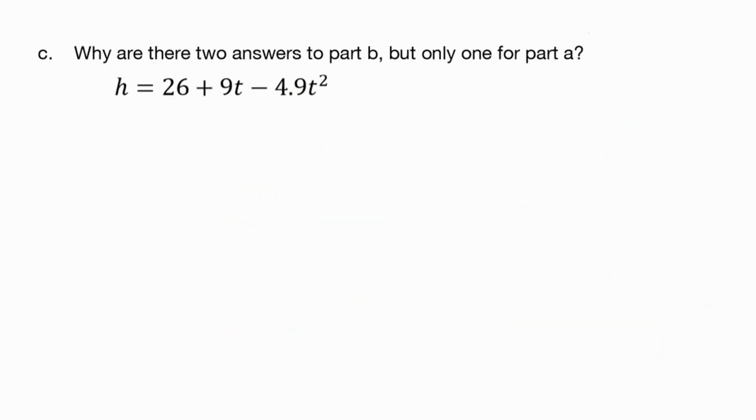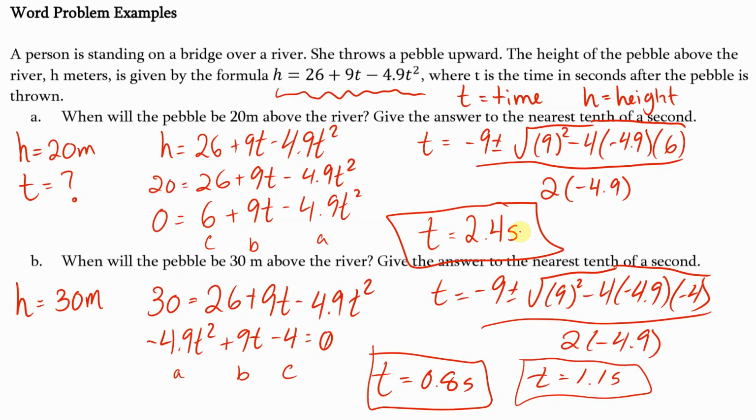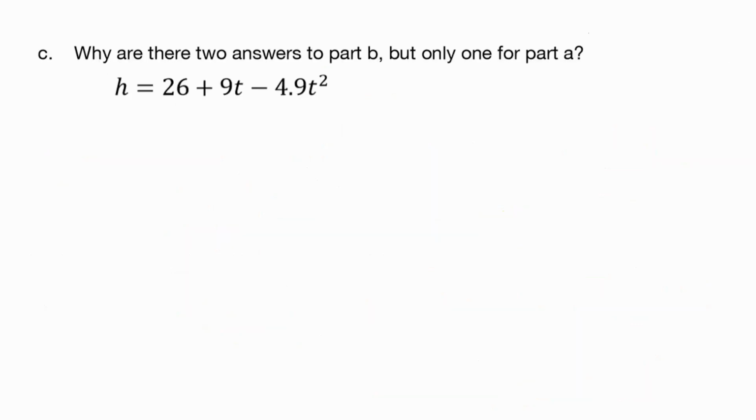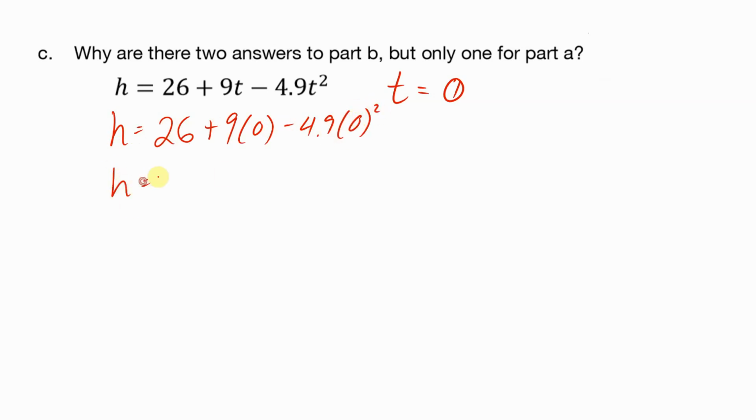Now, why are there two answers to part B, but only one for part A? If you notice, we have a negative time up here, so we're only going to keep the positive, and we have two positive times down here. Well, there's a very easy answer for that. If we find out when time is equal to 0, we'll find that our height is 26 meters.